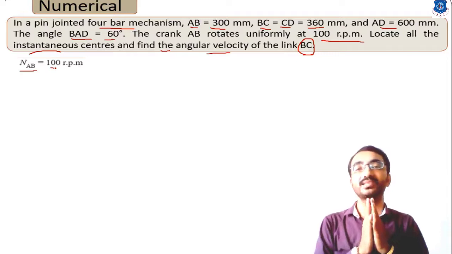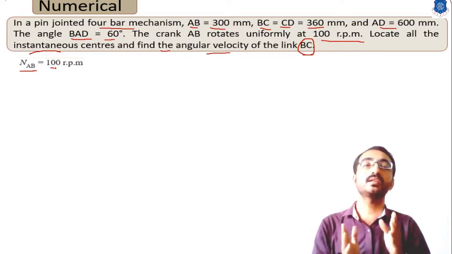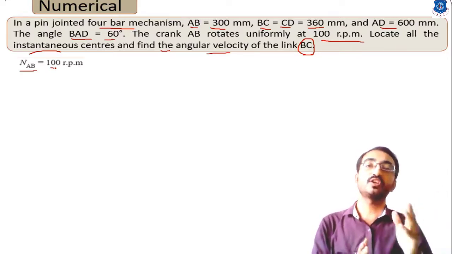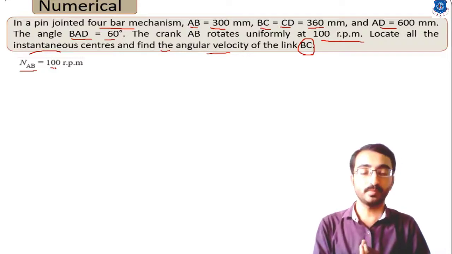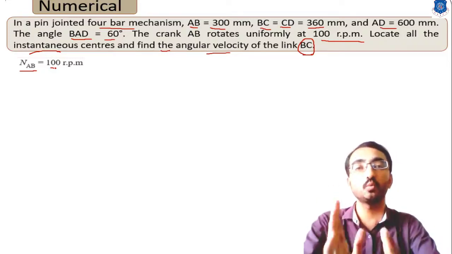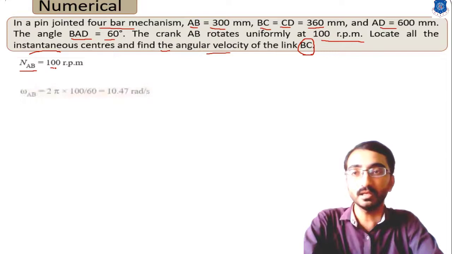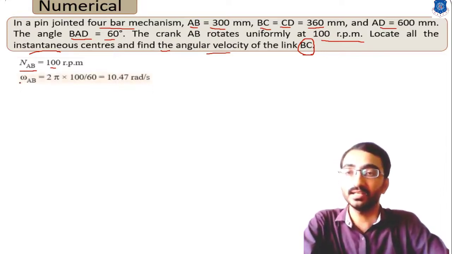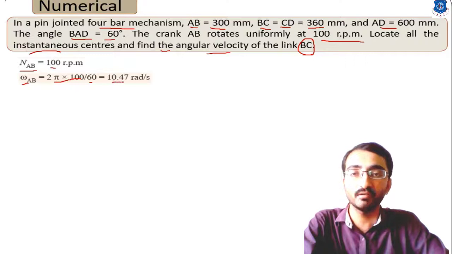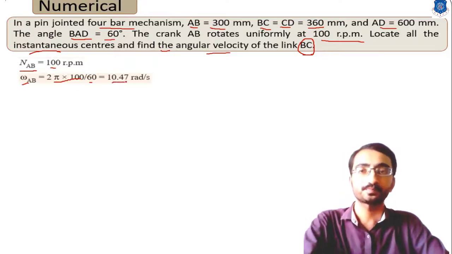With the help of this rpm, we will first calculate the angular velocity of link AB, because we have the simple relation omega is equal to 2 pi N by 60. So by simply applying this relation, omega is equal to 2 pi into 100 by 60, which will give us the angular velocity of link AB.